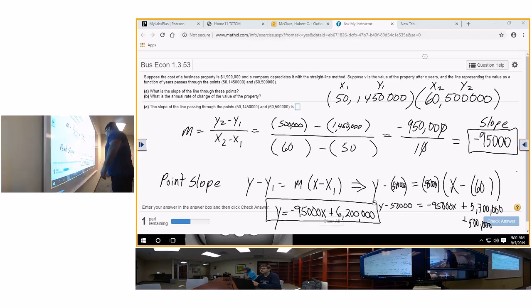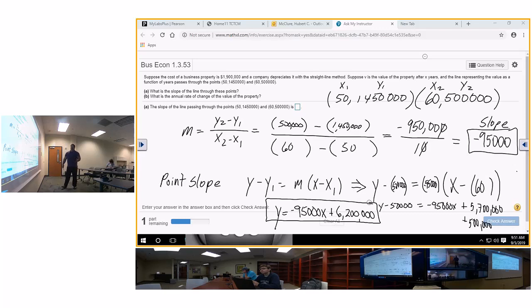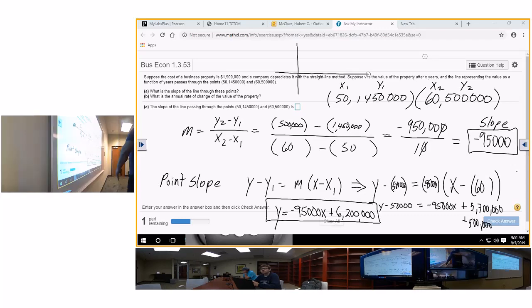I don't know if they're going to ask for it, but that is the slope, and that is the line for that. So what are you talking about? You're talking about a line that has a y-intercept of 6.2 million.